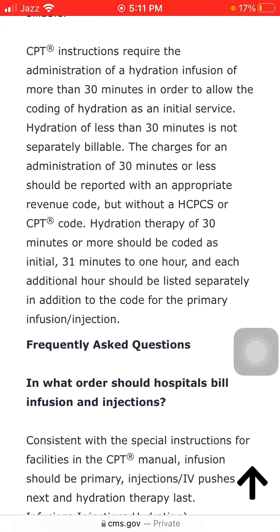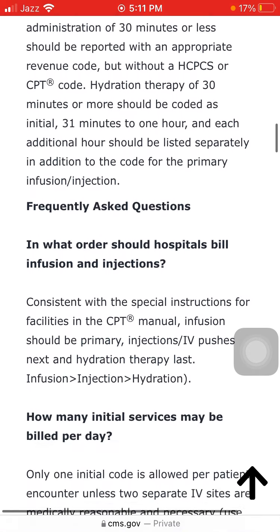The charges for an administration of 30 minutes or less should be reported with an appropriate revenue code, but without a HCPCS or CPT code. Hydration therapy of 30 minutes or more should be coded as initial, 31 minutes to 1 hour, and each additional hour should be listed separately, in addition to the code for the primary infusion injection.